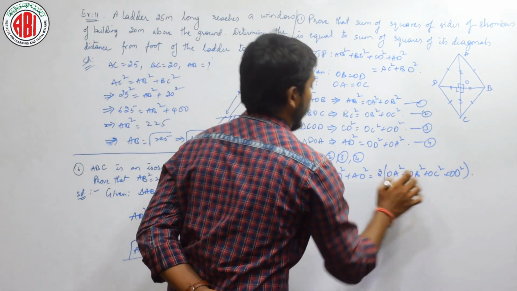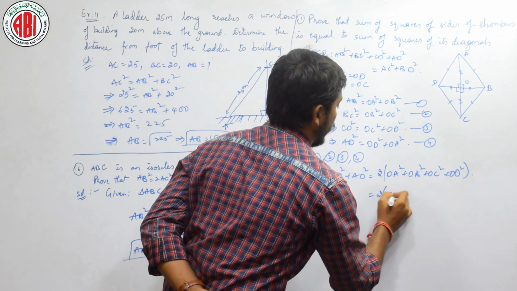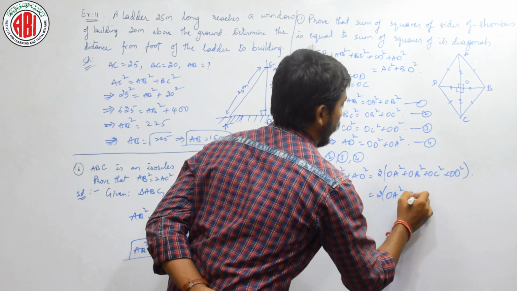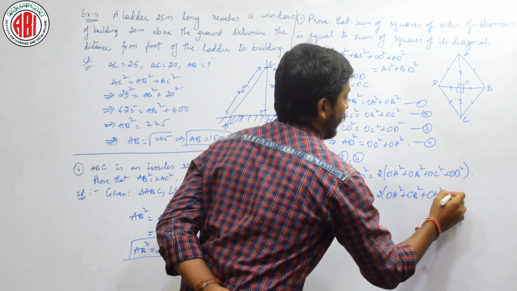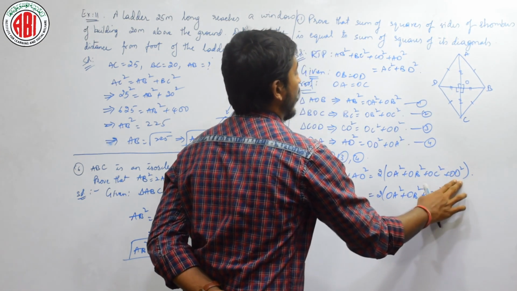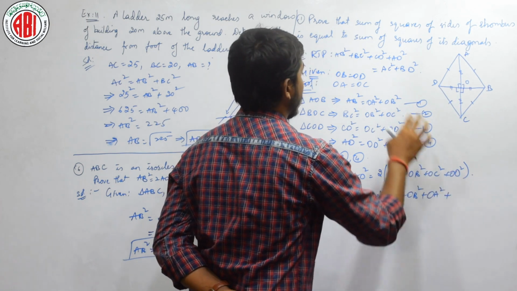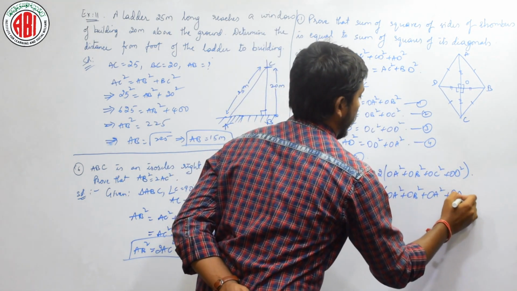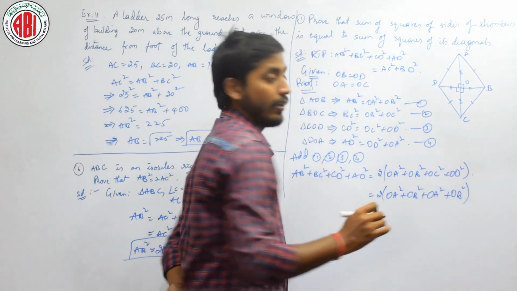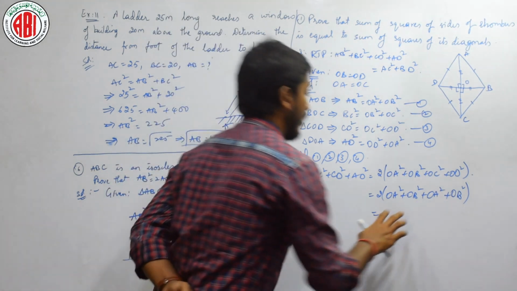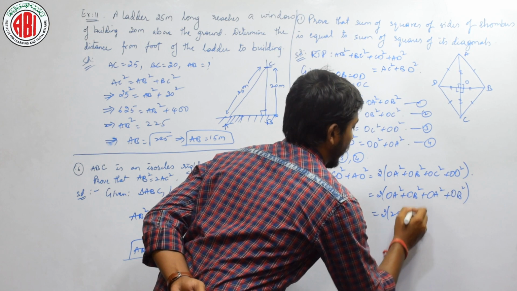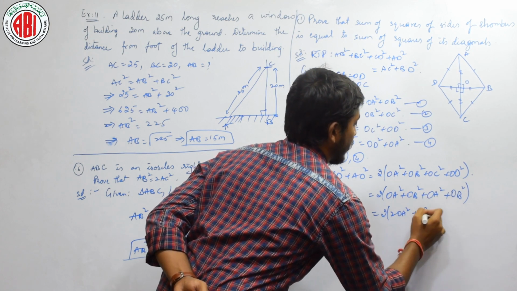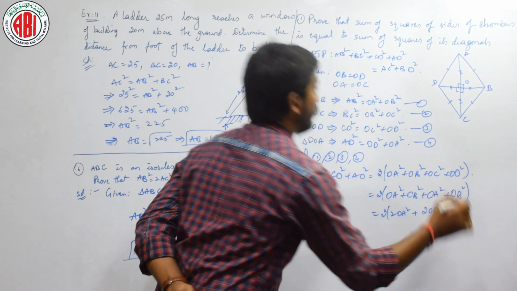If you observe here, 2 into OA square plus OB square plus, can I write OC as OA square? Isn't it? Again, what is OD square? OD square is nothing but OB square, right? Yes or no? If you observe OA square plus OA square, how many are there? 2 OA square plus OB square plus OB square, 2 OB square.